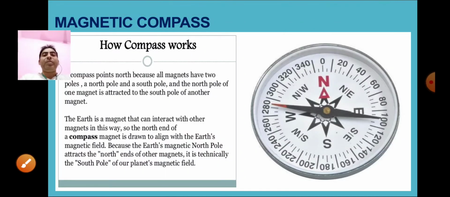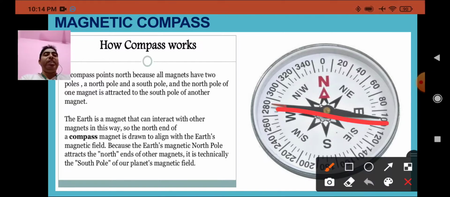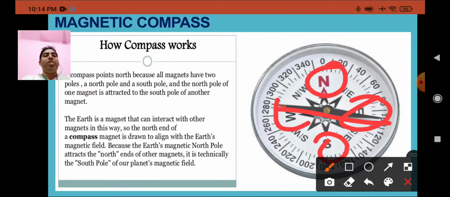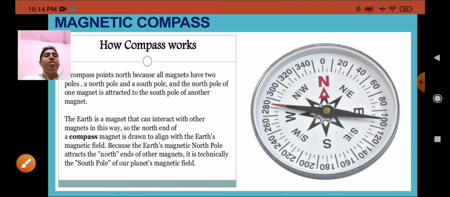Here we have seen what a magnetic compass is and how it works. It consists of a needle and also directions, north, south, east, west, and the in-between directions. It works with the directive property.